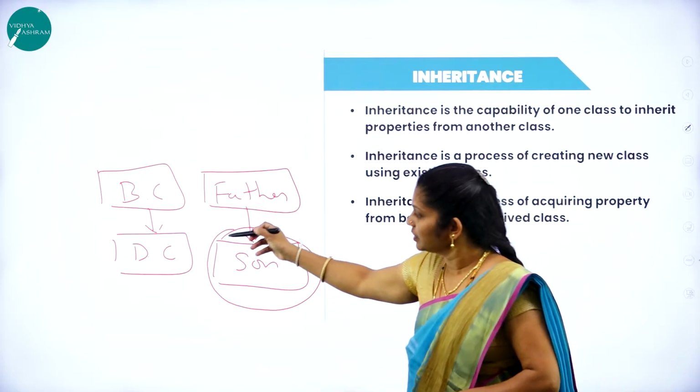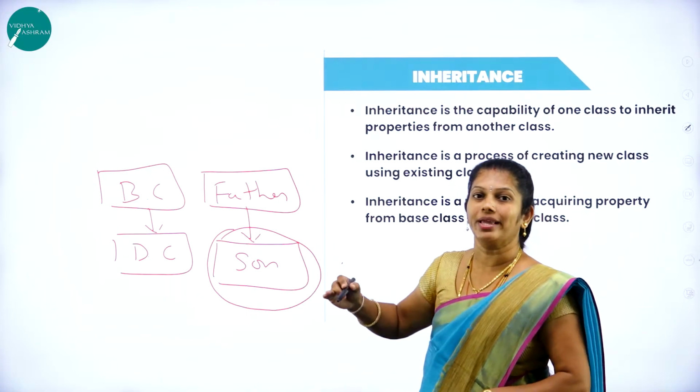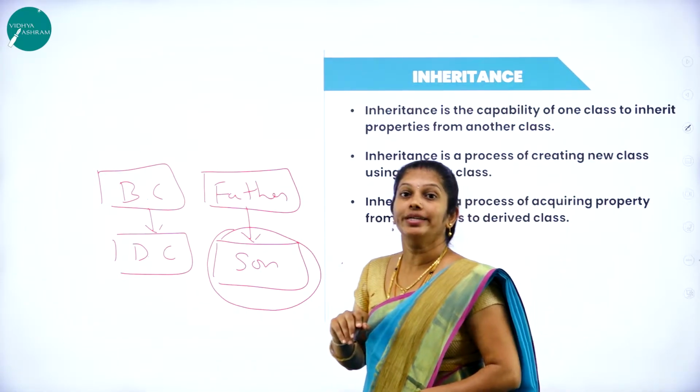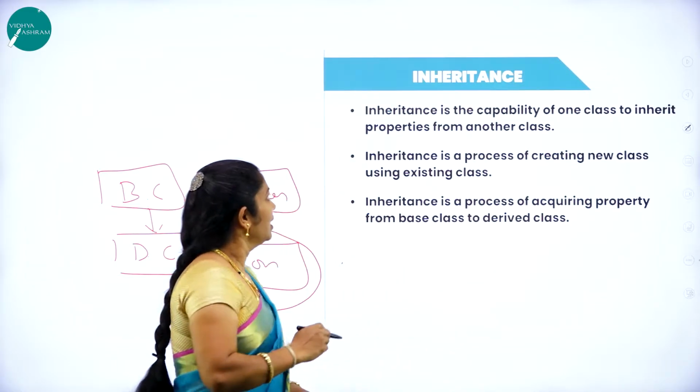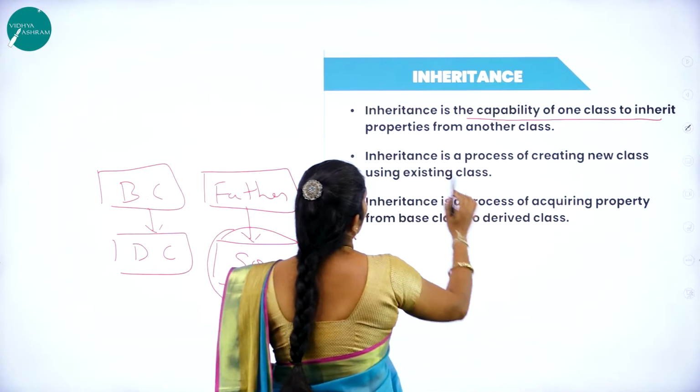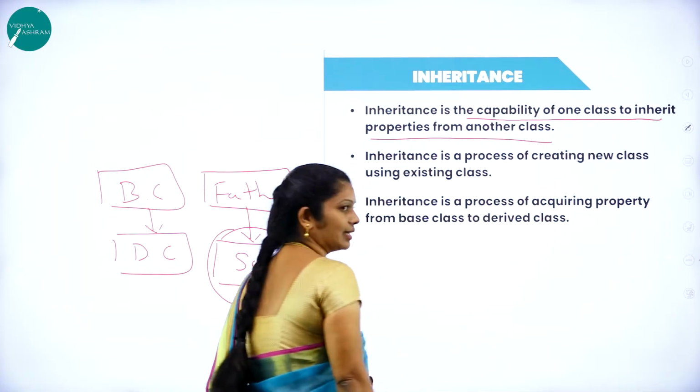That means it is a process of acquiring, or taking, the properties from base class to derived class. That is, inheritance is the capability of one class to inherit the properties from another class.